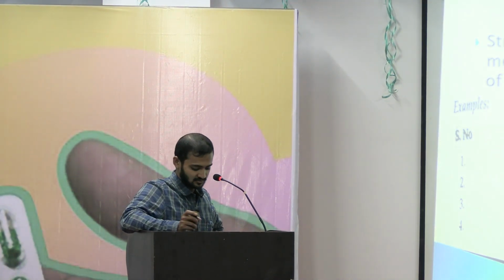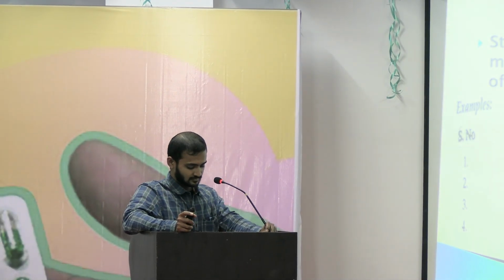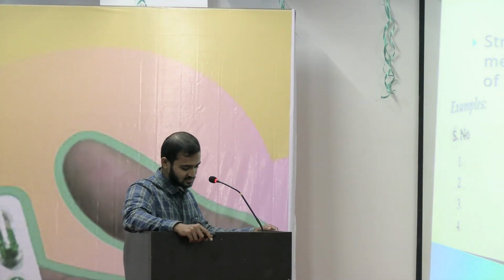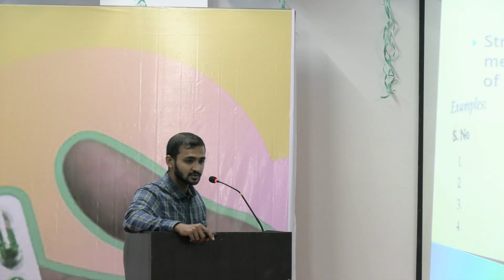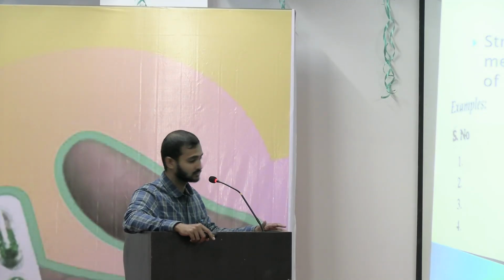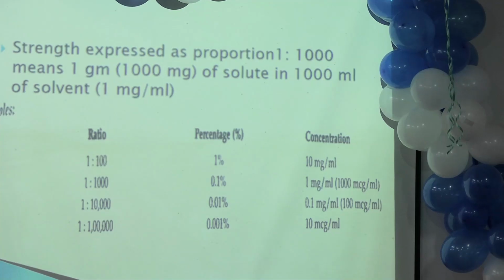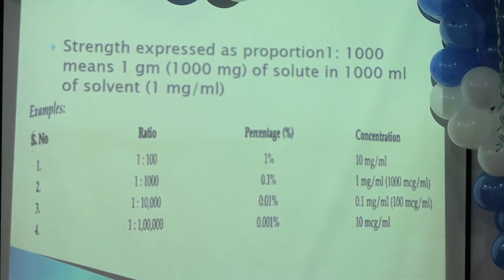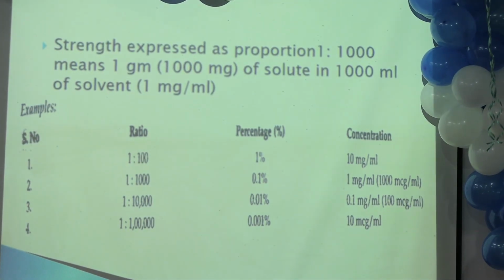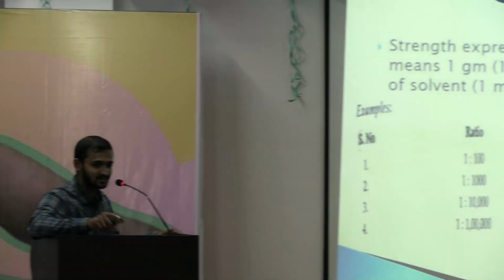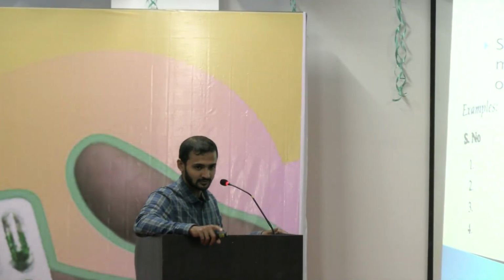So 2% means how much? 20 milligram. If 1% means here it is 10 milligram per ml. How can it be understood here? So 2% means 2 in 100, so it is 2000 milligram in 100 ml of solvent.